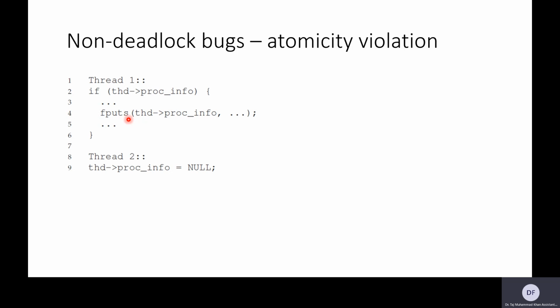But this assumption, as we just saw, does not hold in the multi-threaded case. So we should always keep in mind that scheduling is not in our control and threads can be scheduled in any arbitrary order. Therefore, we have to take precautions ourselves to make sure that when we use thread->proc_info, it is really not null, and we should not rely on the scheduler.